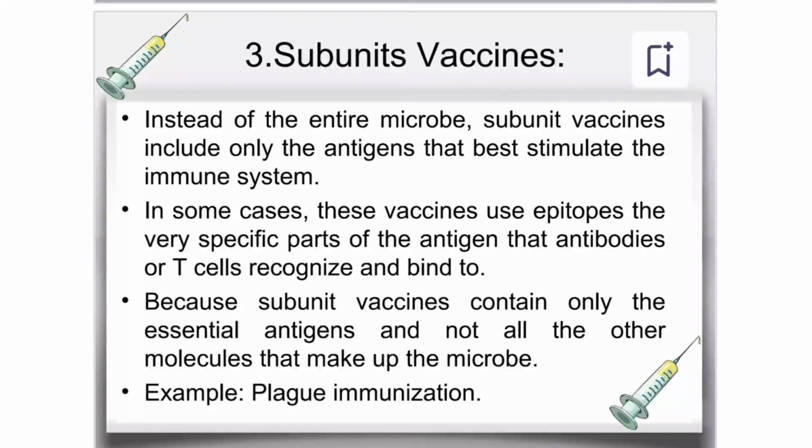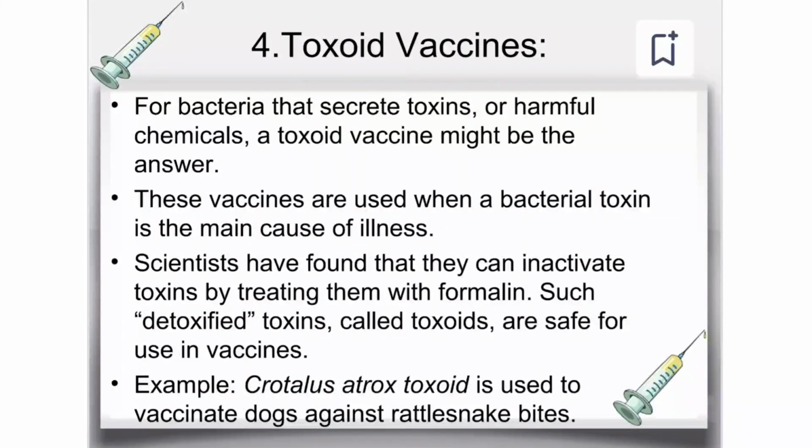In some cases these vaccines use epitopes, the very specific part of the antigen that promotes antibody development or T cell recognition. Because subunit vaccines contain only the essential antigens, better immunity will be produced against that particular organism. For example, plague immunization.